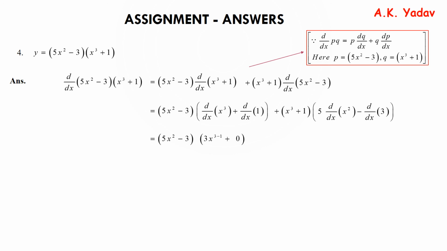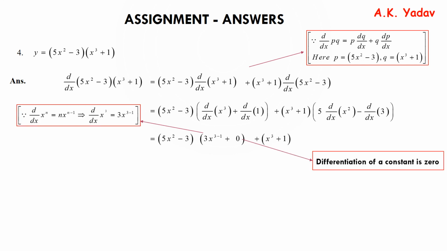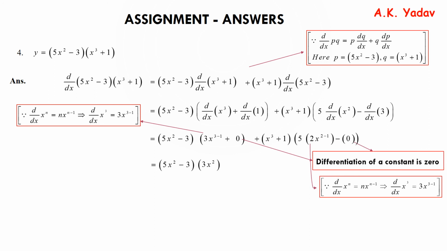The differentiation of x cube is 3x square. Differentiation of 1 is 0. Okay. Then the differentiation of x square is 2x, and the differentiation of 3 is 0. So this is what we get as an answer.